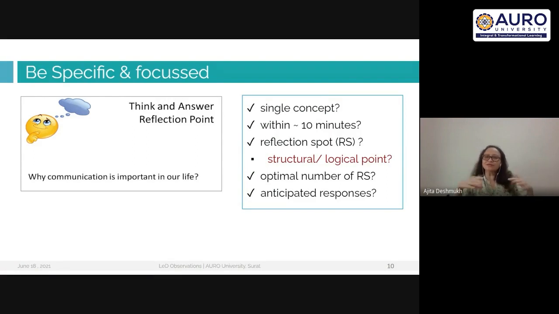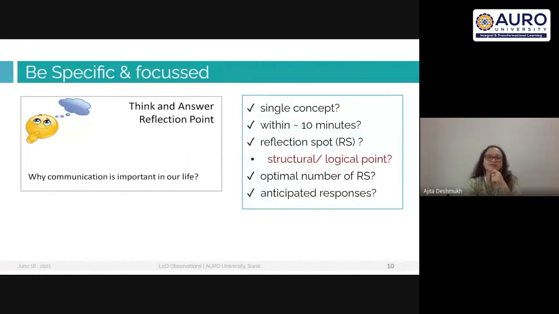So even we used the icebreaker today, and this is perfect for an icebreaker because, like Ilavanil had said, communication definitely will be important, right? So how can we make it very specific and focused? If it is an icebreaker, then it would have come right in the beginning, but then it's not a reflection spot, so we need a reflection spot later.